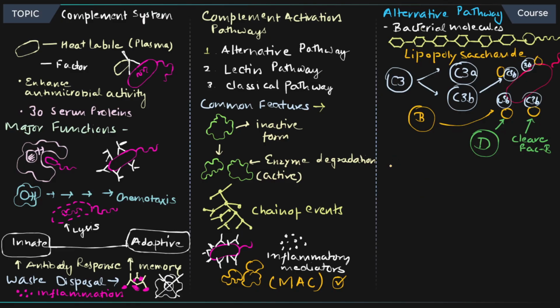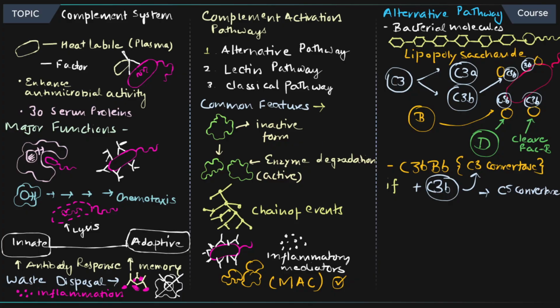The final outcome is C3 convertase formation, which is C3bBb, capital B and small b. That's the C3 convertase enzyme. If another C3b attaches to this complex, it becomes C5 convertase. So from C3 convertase to C5 convertase formation is going to happen, right?